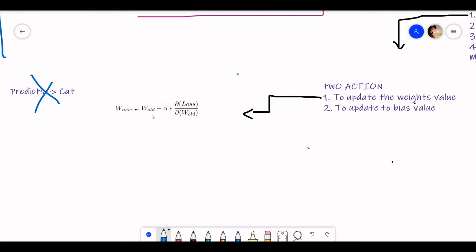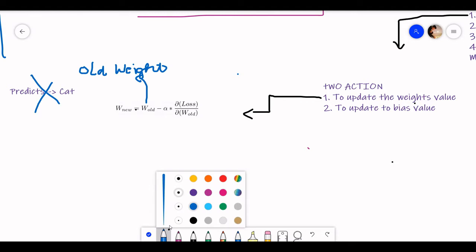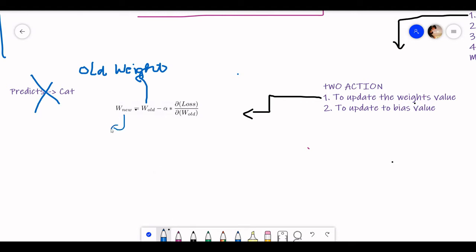W old is our old weight, W new is the new weight which we will calculate, this is the derivative, and this is the learning rate.